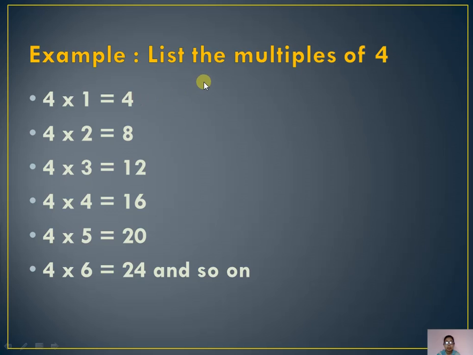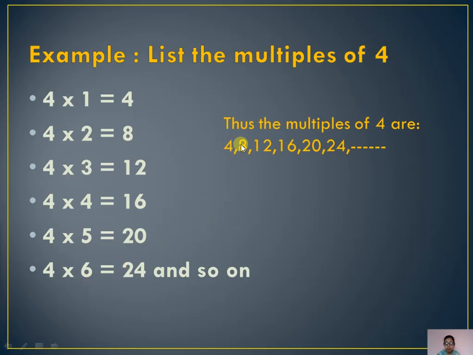For example, list the multiples of 4. So, for finding out the multiples of 4, we just have to write the table of 4. 4 ones are 4. 4 twos are 8. 4 threes are 12. 4 fours are 16. 4 fives are 20. 4 sixes are 24 and so on.